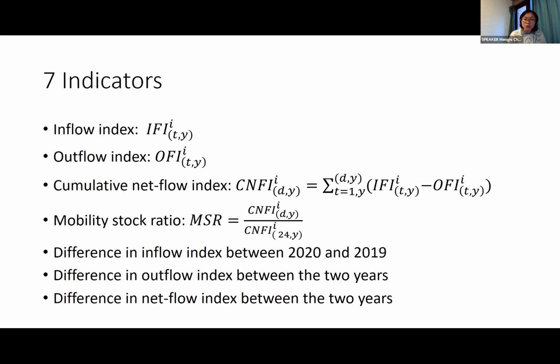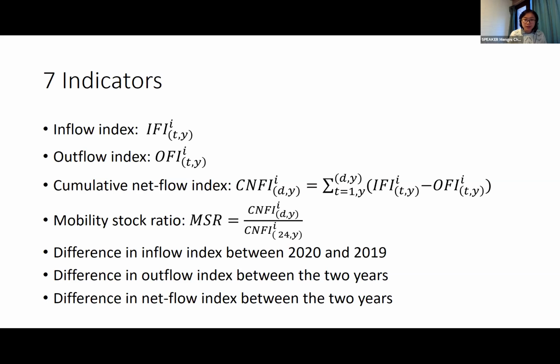And we use the cumulative net flow index after day 24 as a numerator to calculate the ratio. So the ratio to some extent reflects how the mobility stock accumulated pre-holiday dissolves or clears up over time after the holiday.